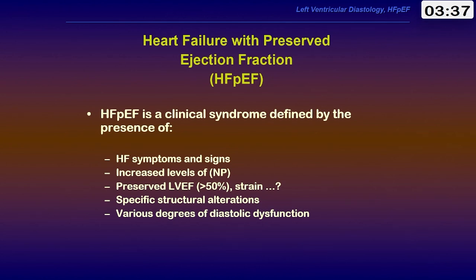Sometimes the left ventricular ejection fraction is more than 50%, but you have impaired global longitudinal strain. Specific structural alterations, for example, left ventricular hypertrophy, are not the sole criteria. And various degrees of diastolic dysfunction I mentioned before. Remember again that diastolic dysfunction is not HFpEF. Diastolic dysfunction is just a pattern of mitral inflow or tissue velocity.